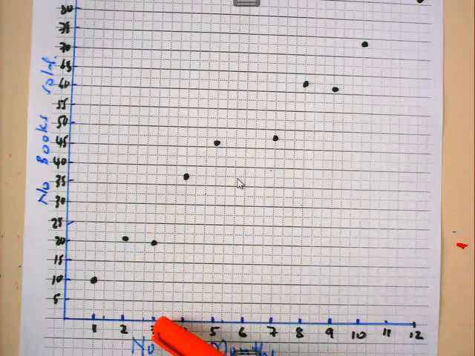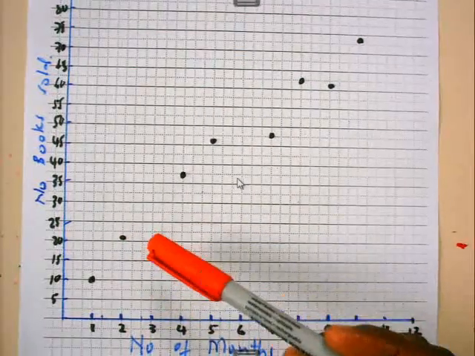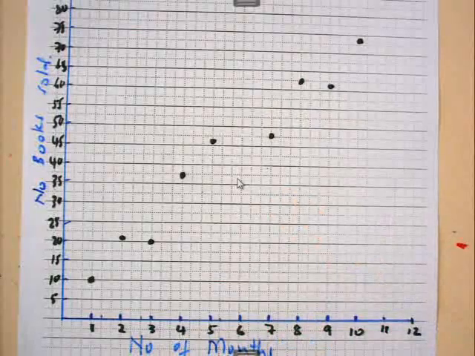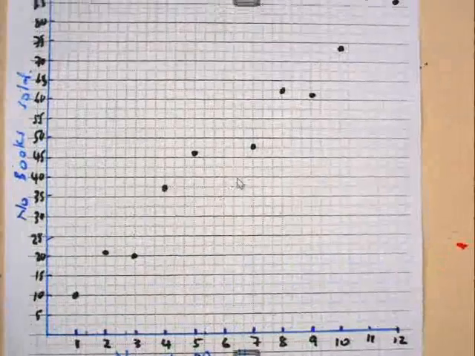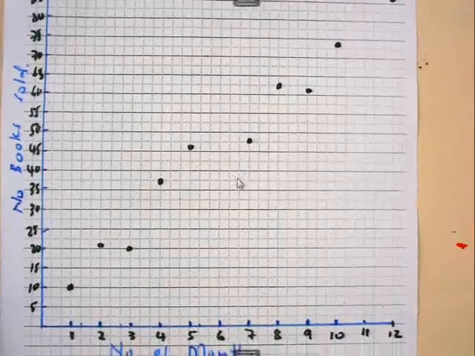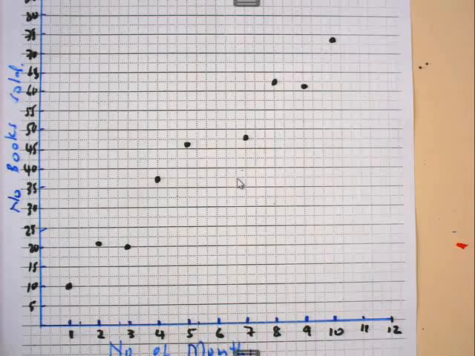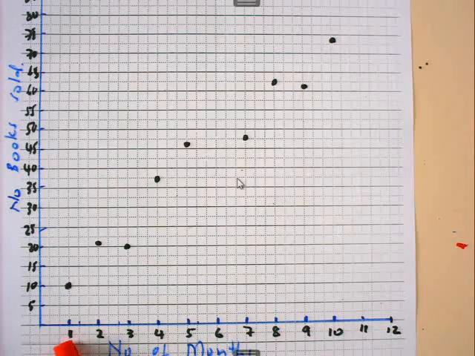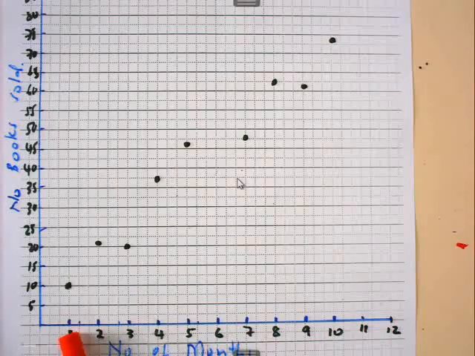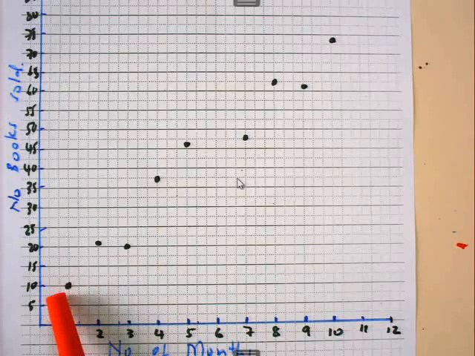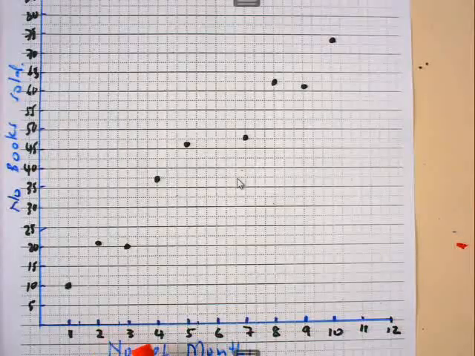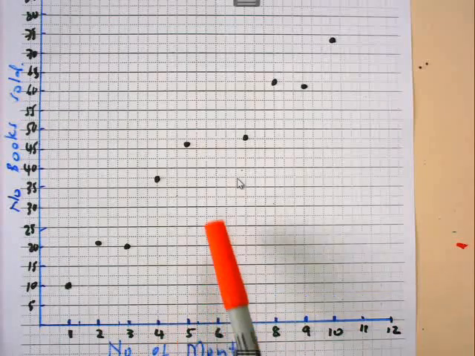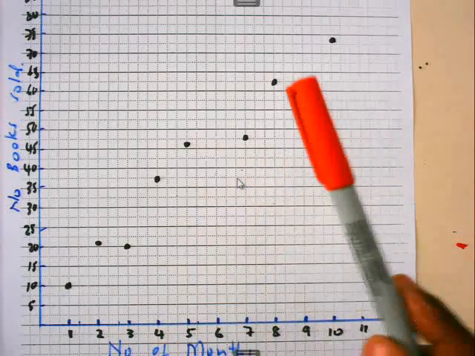The third month it was 20 books, and so on. Now already we can see, when you look at this trend, that in the first month the publishing company sold only 10 books. But as the months increase, more and more books are sold.